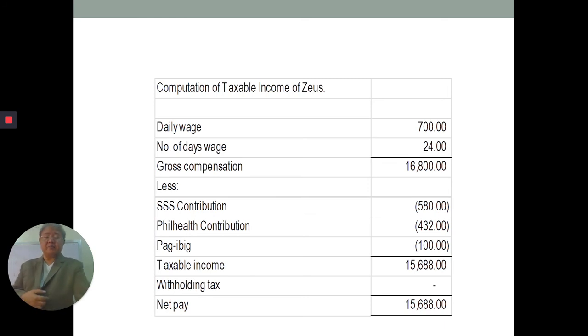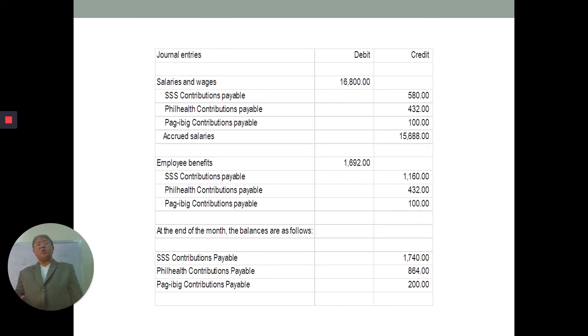Okay? So how are we going to record this payroll and the related deductions? First, we record the payroll and the contribution of the employee as follows. You have debit salaries and wages for the gross amount, that's 16,800. And then credit your SSS contributions payable for 580, credit your PhilHealth contributions payable for 432, credit your Pag-ibig contributions payable for 100 pesos.